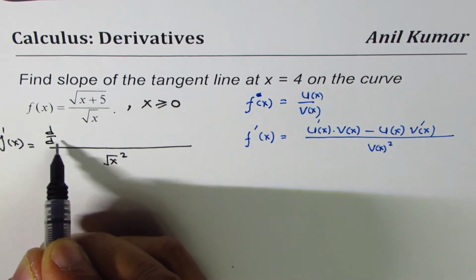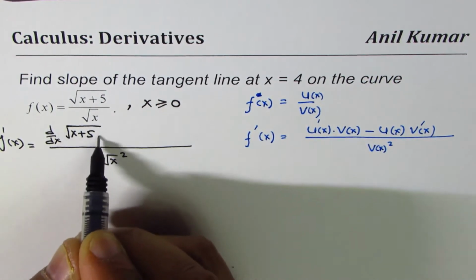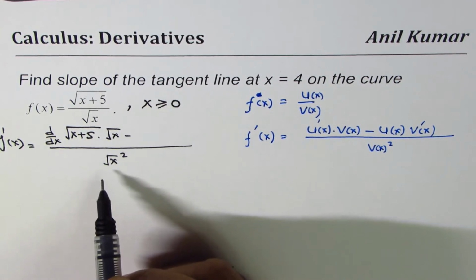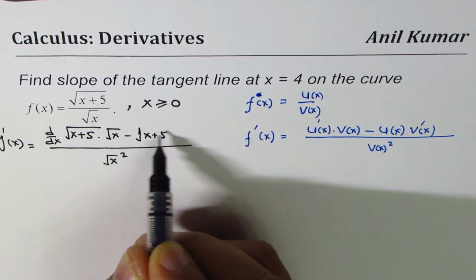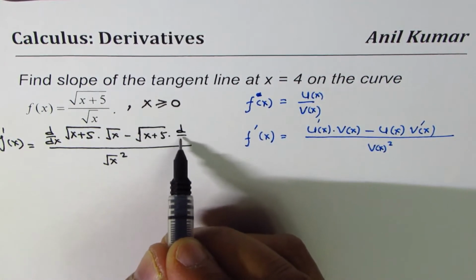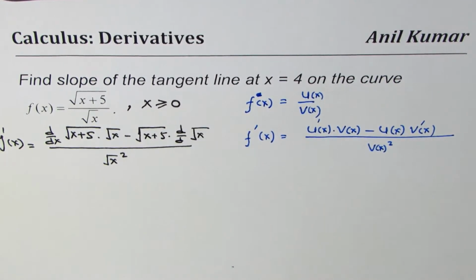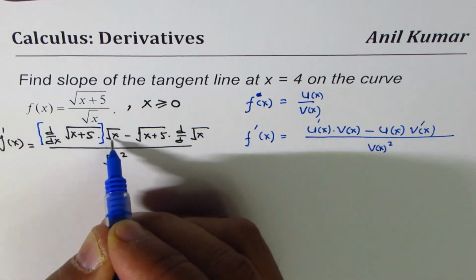Let me write d dx of square root x plus 5 times square root x, minus the first function, which is square root of x plus 5, times the derivative of square root x. So that's what the formula is: the derivative of one function times the other function.